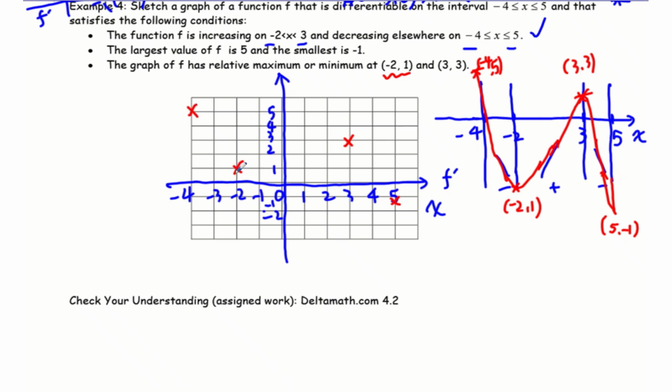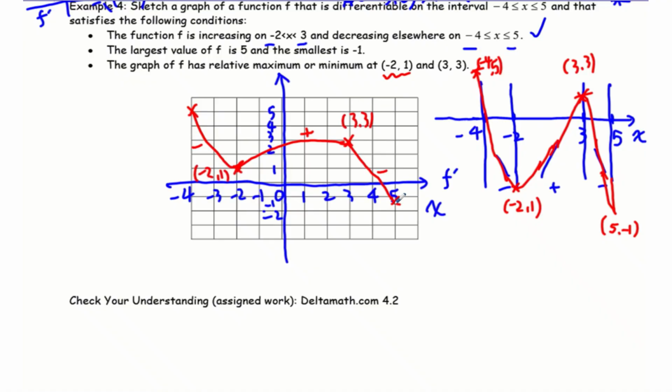And on the left, all the others here will be increasing. From -2 to 3 is increasing, and the other part is decreasing. Okay, so this is how we do the graphing based on the given information. Increasing, slope is positive; decreasing, slope is negative; and these are the given points, -2, 1 and 3, 3.